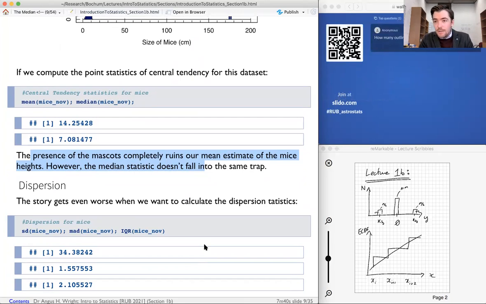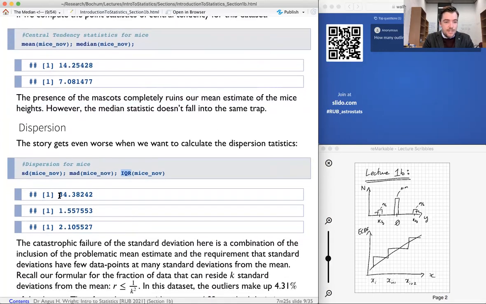We calculate the standard deviation of the mice data set, I'm going to calculate the MAD of the mice data set, and I'm going to calculate the interquartile range as well. And what we find is that the standard deviation of the mice data set is 34 centimeters, whereas the median absolute deviation is 1.5.